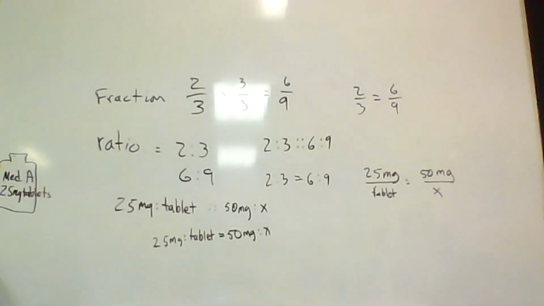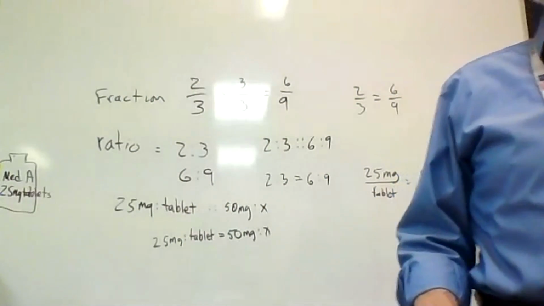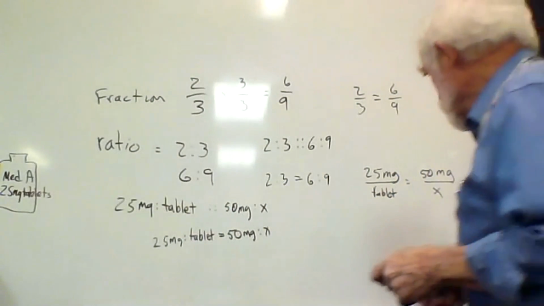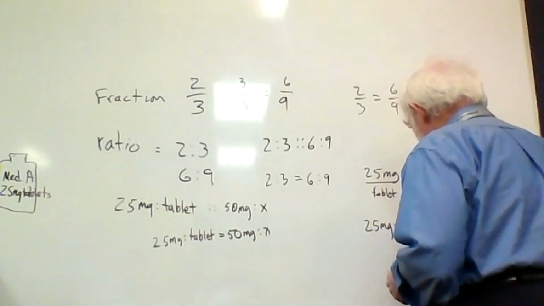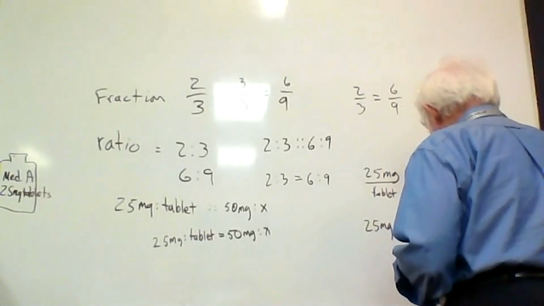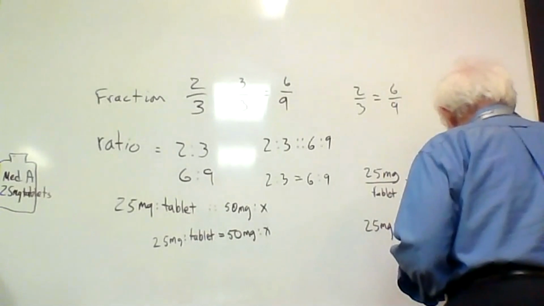It's going to be the number. So now, most of you remember, I think, your high school algebra. Right. We cross multiply. Next step, we get 25 milligrams times X equals 50 milligrams times tablet.